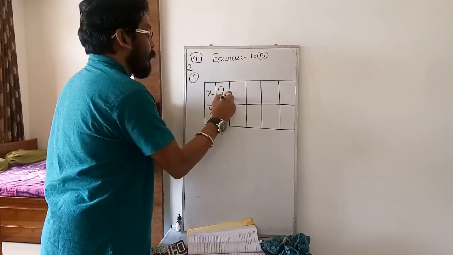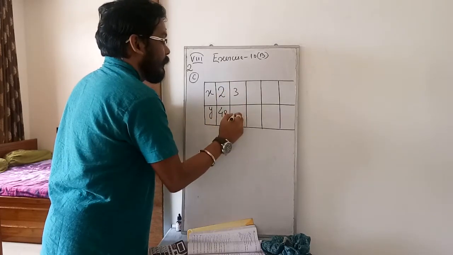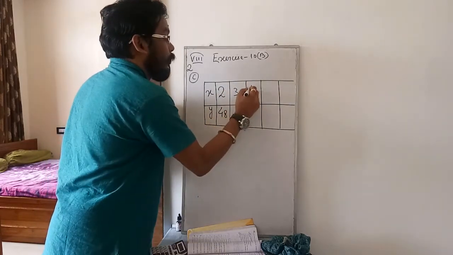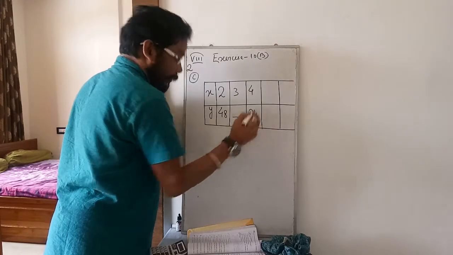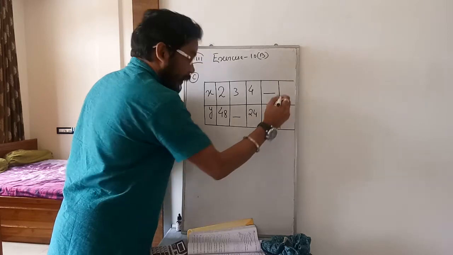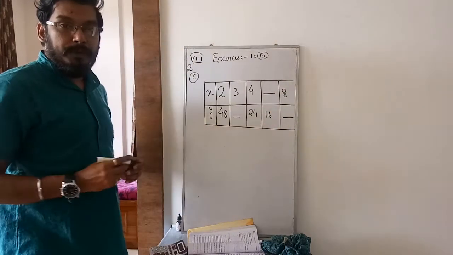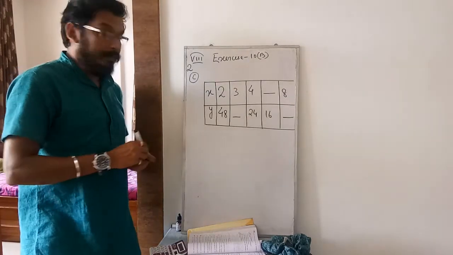So it is 2 by 48. Next is 3, here blank. Here 4 by 24. Here it is blank. Here it is 16. Here it is 8. Here it is blank. So let me check first for direct variation.